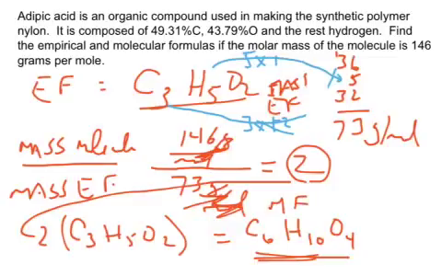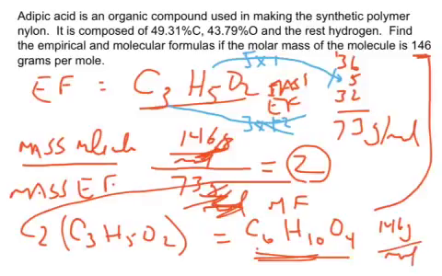How do I check myself? I go back and I say 6 times 12 is 72, 10 times 1 for hydrogen is 10, and 4 times 16 is 64. You sum those up and it should sum to the 146 gram per mole. And that's more of a check step. But anyway, that's how you do empirical and molecular formulas.